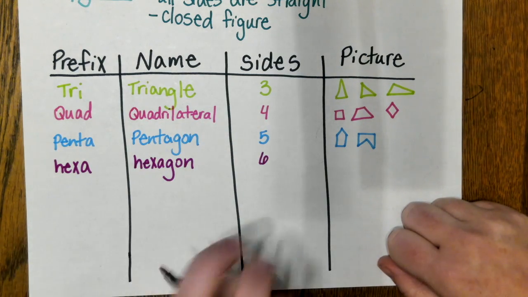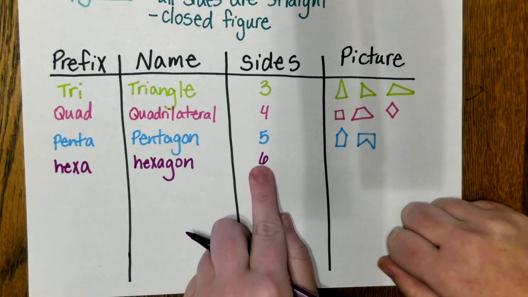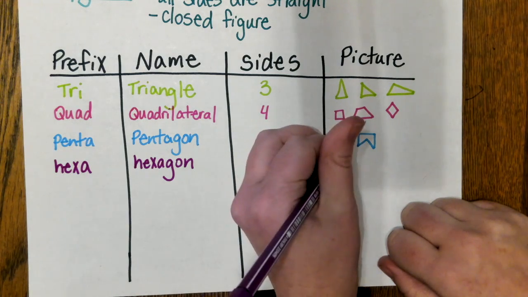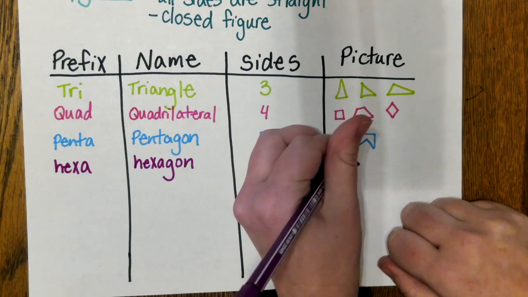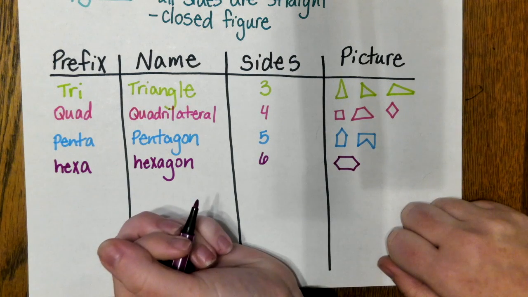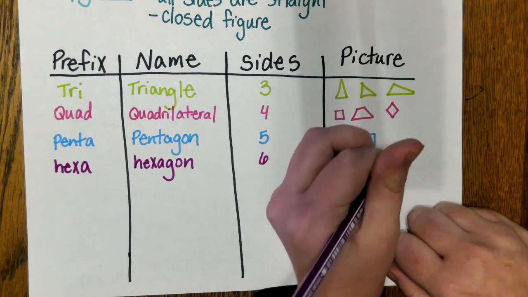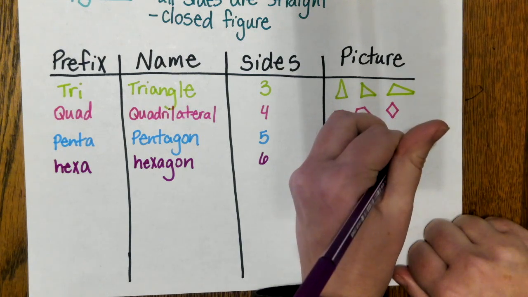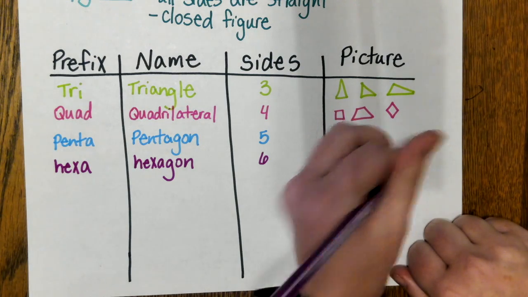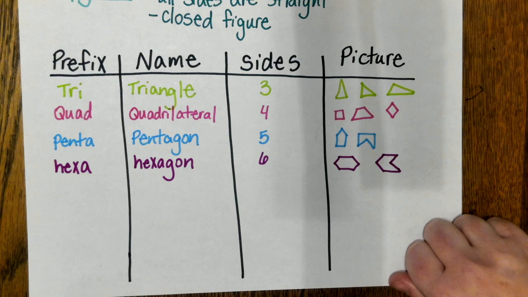These shapes have 6 sides. Six sides. There we go.